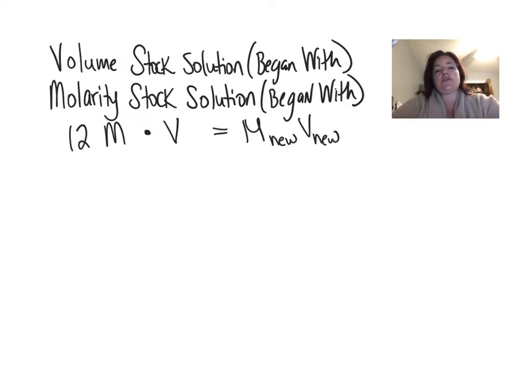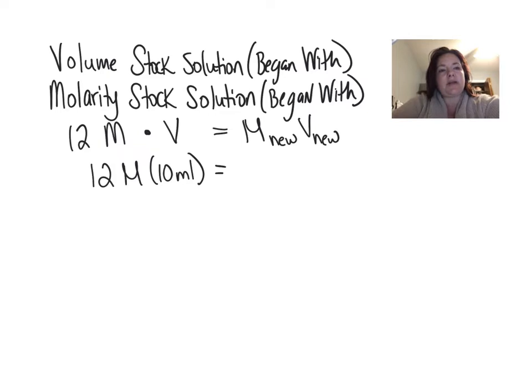If I have a solution with a molarity of 12, and I grab 10 milliliters of it, and I need my new solution to have a molarity of 1, I only have one unknown variable now, my new volume. So I can solve for this new volume.